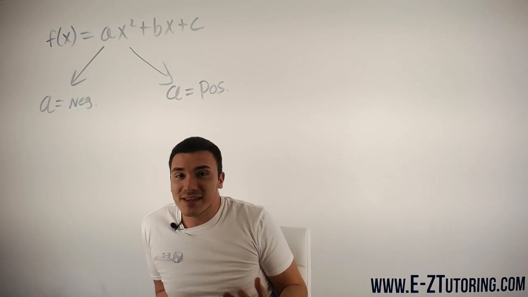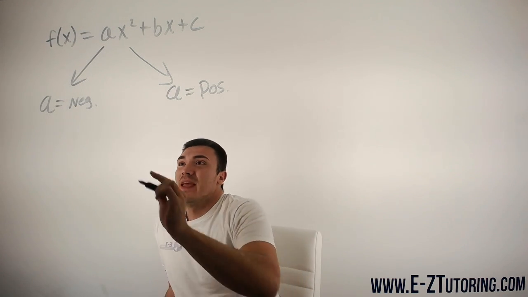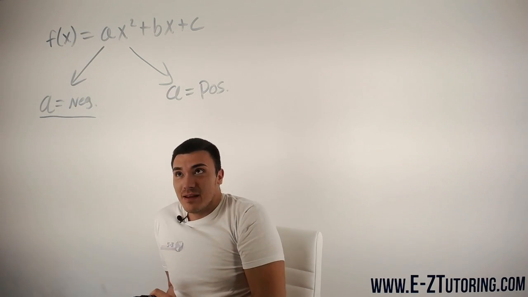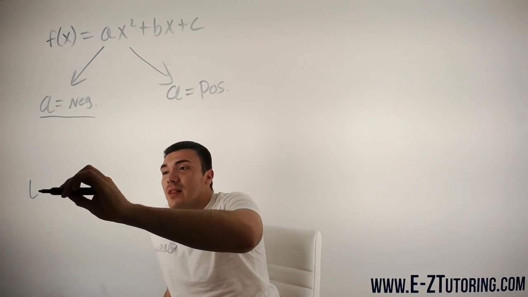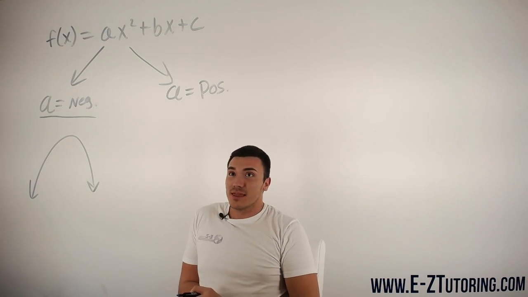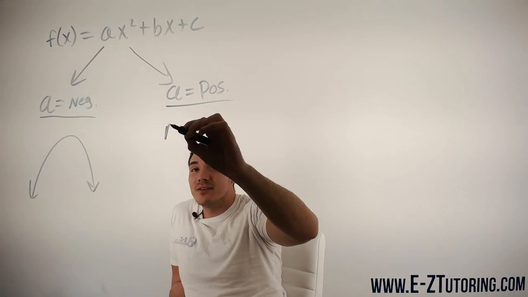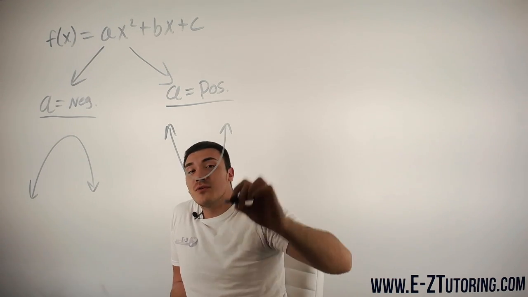All you need to do is simply look at your leading coefficient and that will tell you what your case is. If A is negative, that means your parabola is going to be facing downwards and your graph is going to look something like that. If your A is positive, your parabola is going to be facing upwards and your graph is going to look something like that.